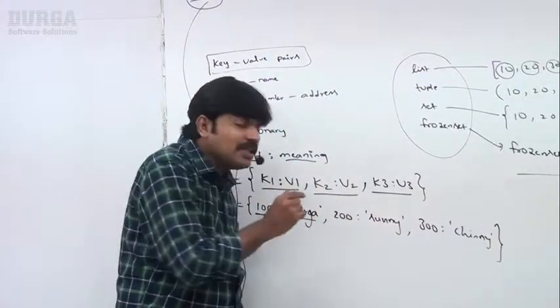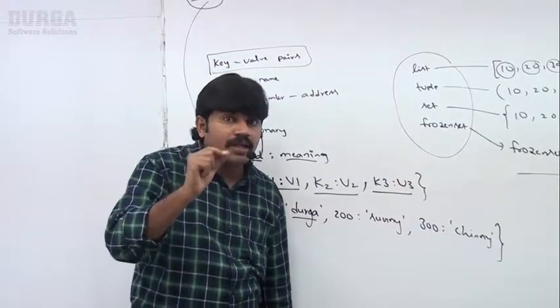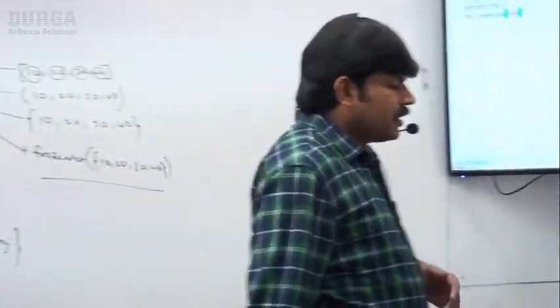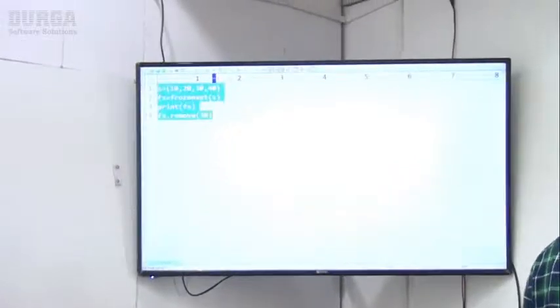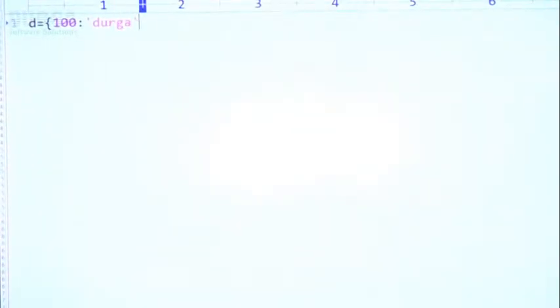Sir, let me execute this one. Let me show what type it is. Observe carefully, sir. Here I am taking a simple example. D is equal to 100 colon Durga. Next 200 colon Sunny. Sir, 300 colon Chinny.